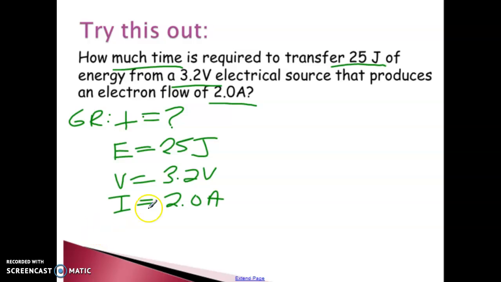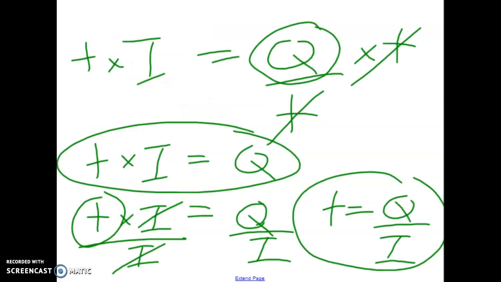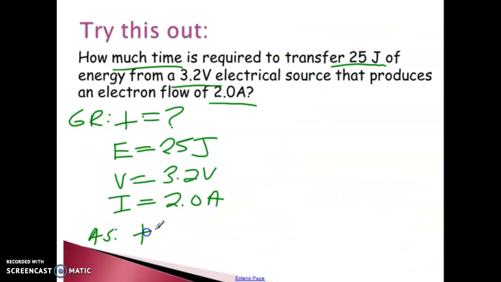So we're looking for time, we have energy, we have voltage, we have current. Let's go back to our original formulas. Time is equal to Q over I. So let's write that down.